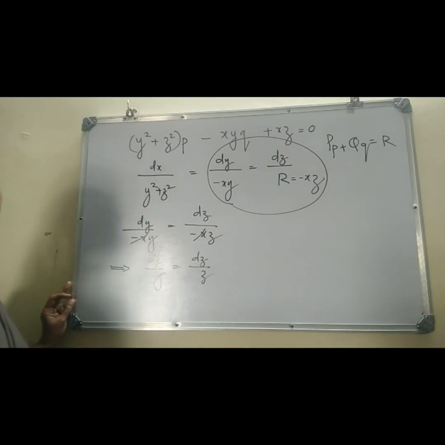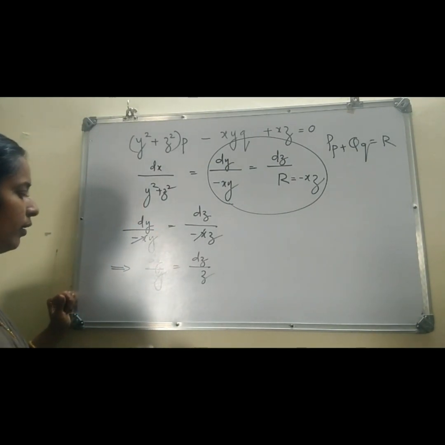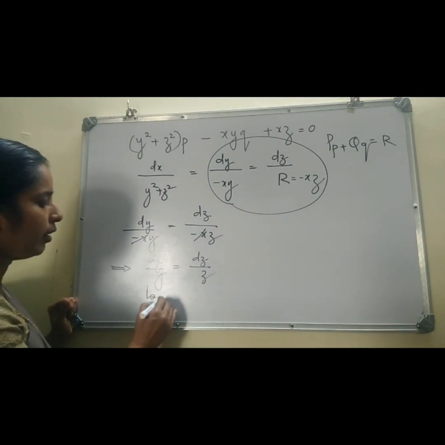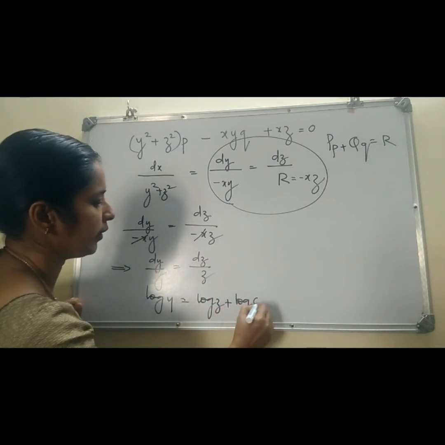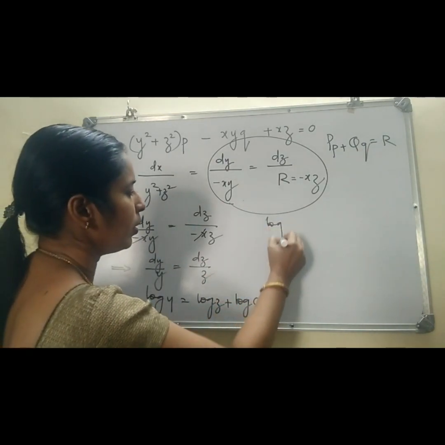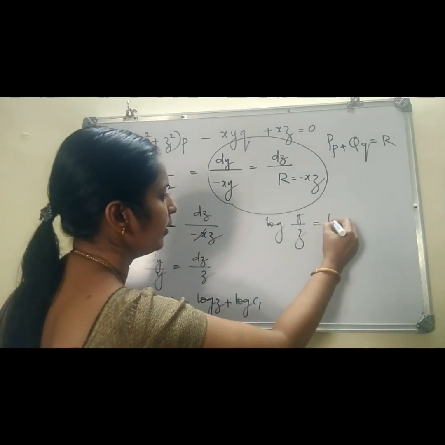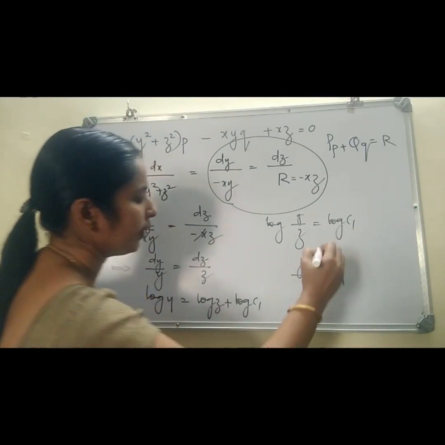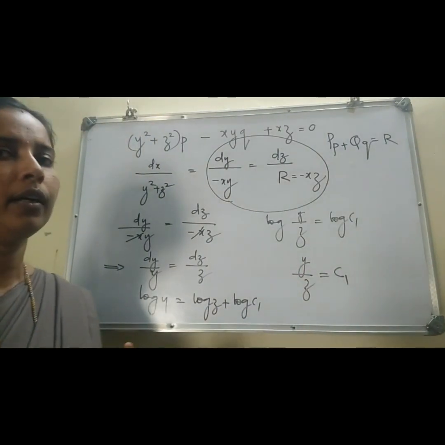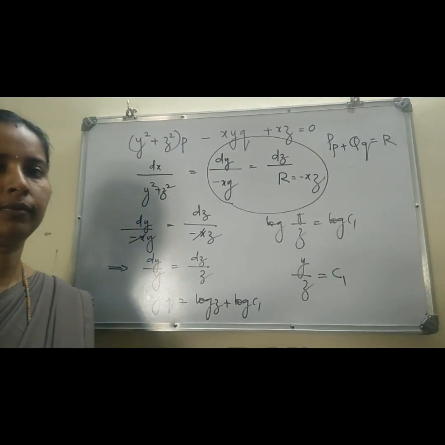This differential equation is in variable separable form, so you can easily solve it by direct integration. Its solution is log y is equal to log z plus log c1. That is log y by z is equal to log c1. So y by z is equal to c1. That is one solution of the auxiliary equations.